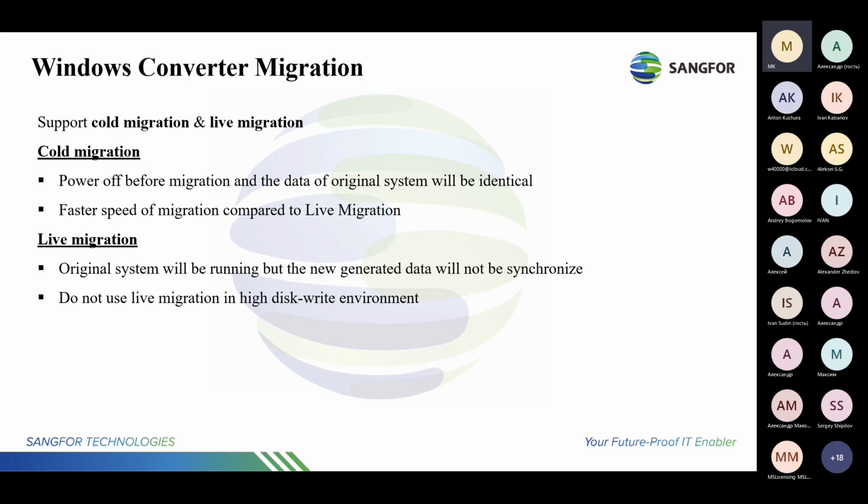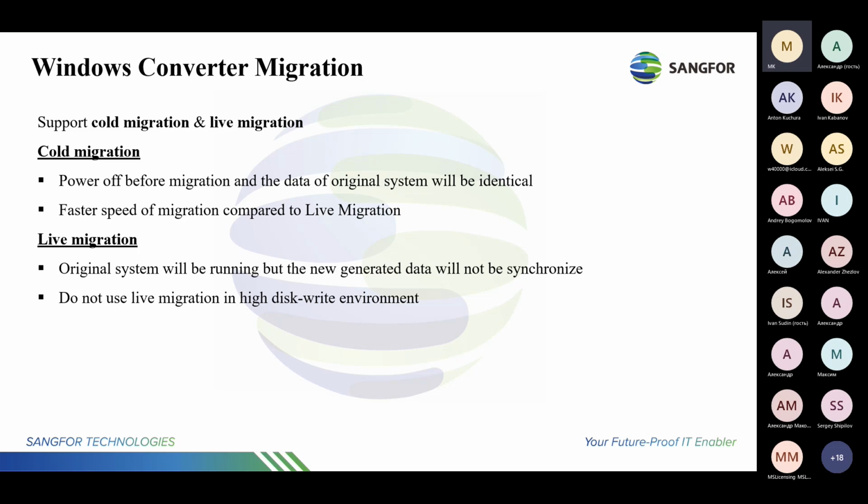This is what it means between the cold and the live migration. When we talk about live migration, normally you will use it on a system where there are not many changes to the data. Let's say you have an AD server; the only changes may be a new domain user or something like that. So even if you migrate, you may not have much difference.